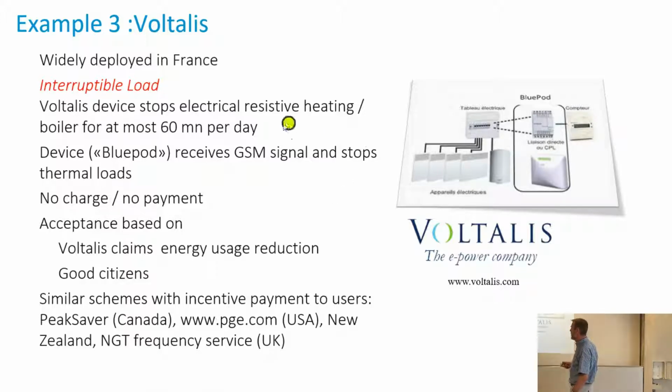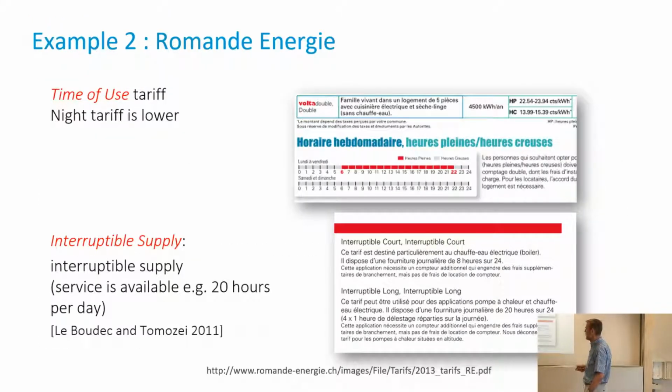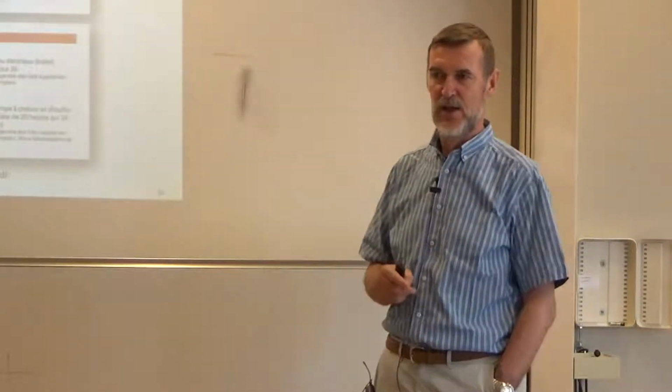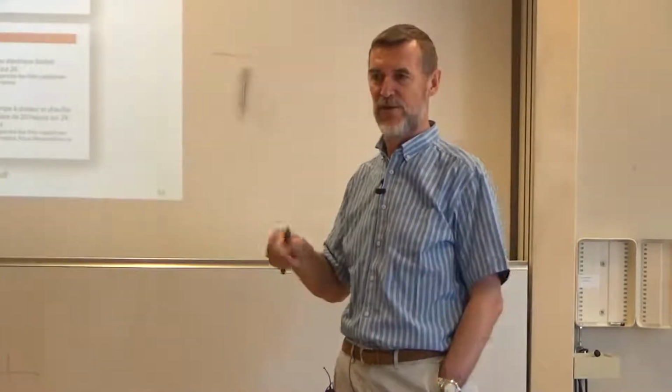Here is a third example, which is larger scale and more modern. It's called Voltalis in France. The old systems of interruptible supply are based on signals that are sent via the electrical cable. They are called ripples. They are very primitive signals.